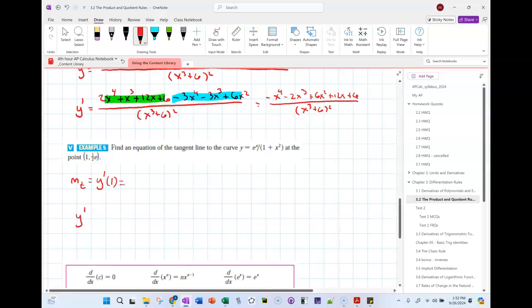So to get that derivative, notice that's a quotient rule. So bottom times the derivative of the top minus the top times the derivative of the bottom all over bottom squared.